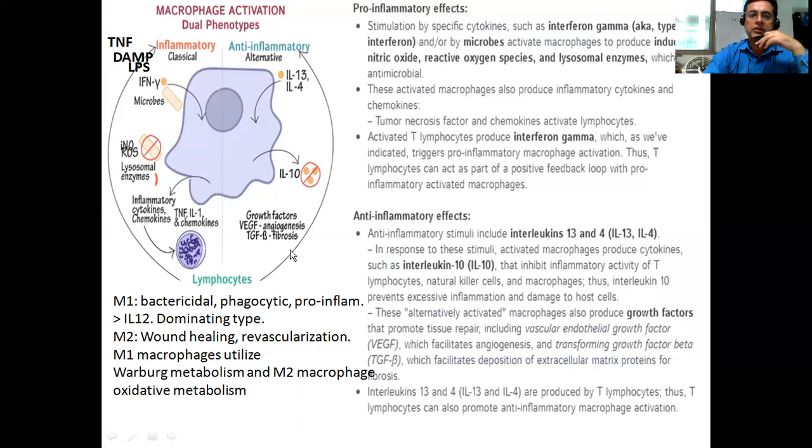These macrophages are producing different things like vascular endothelial growth factor, VEGF, which facilitates angiogenesis, and transforming growth factor beta, which facilitates deposition of extracellular matrix proteins for fibrosis. So fibrosis takes place, the extracellular matrix proteins are produced by cells, and in this, fibrosis is needed.